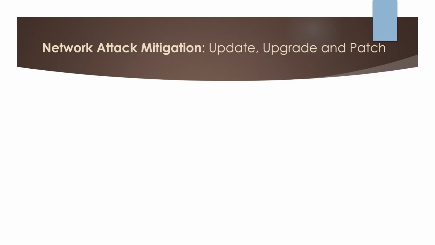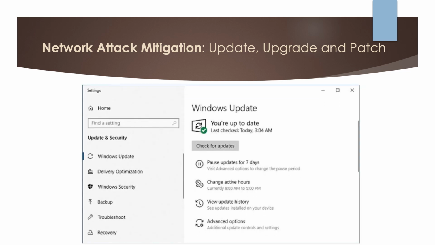Administering numerous systems involves the creation of standard software images that are deployed on new or upgraded systems. However, security requirements change, and already deployed systems may need to have updated security patches installed. One solution to the management of critical security patches is to make sure that all end systems automatically download updates, as shown here in Windows 10. Security patches are automatically downloaded and installed without user intervention.